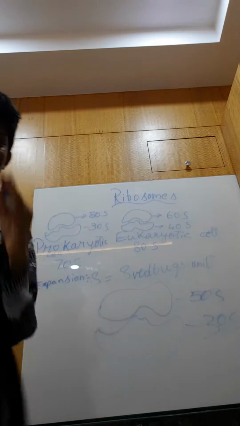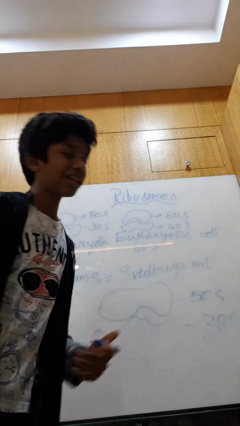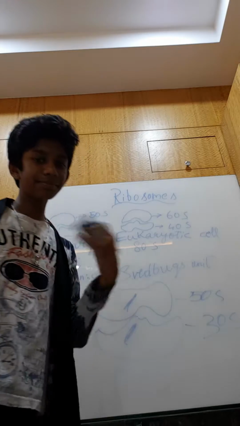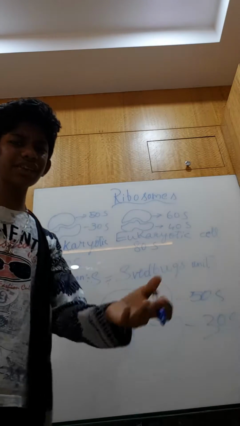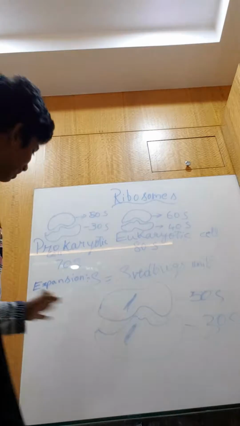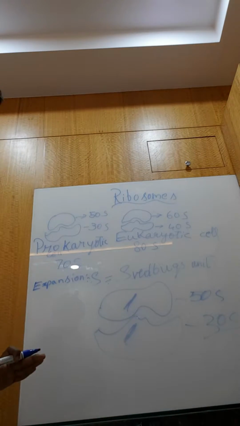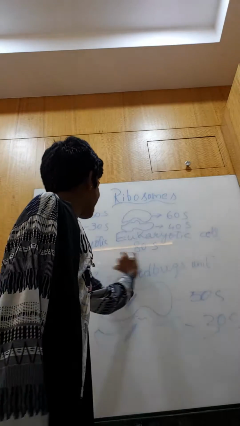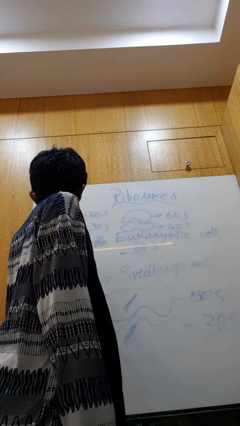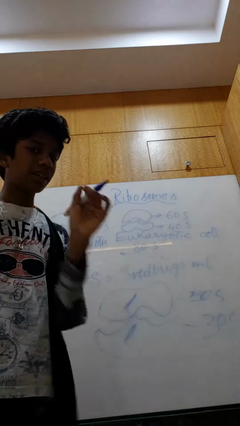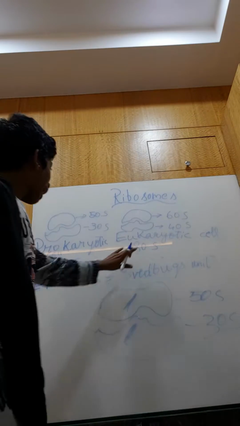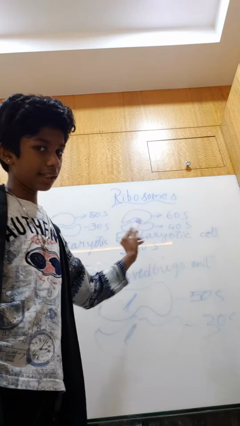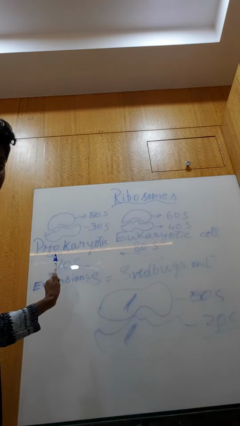So here it works the same way. It forms proteins, which are very useful for the cell. It works like eukaryotic ribosomes, but there's a difference. Here it's 80S and there it's 70S. This is an aerobic respirating cell and this is anaerobic respirating.